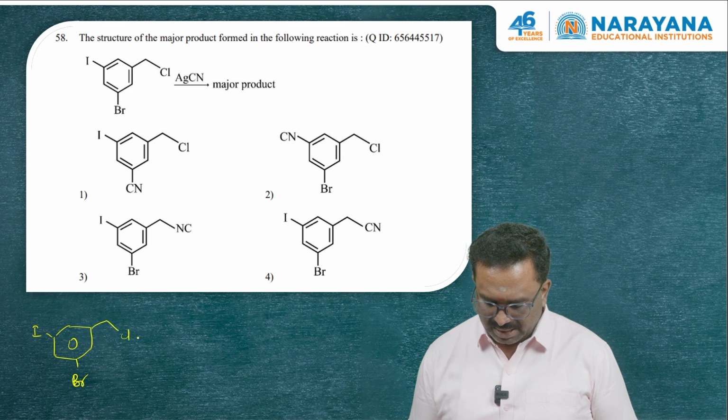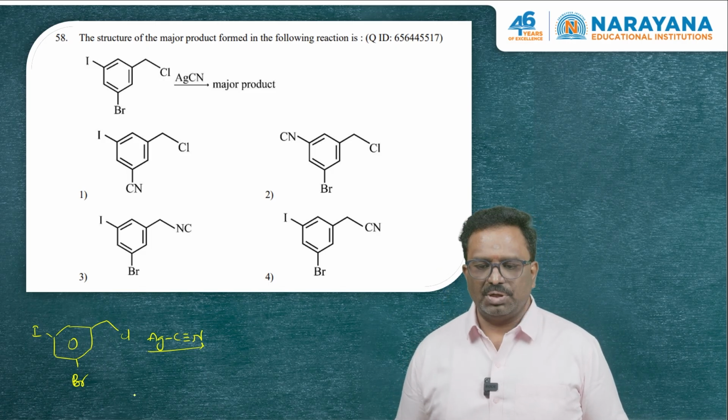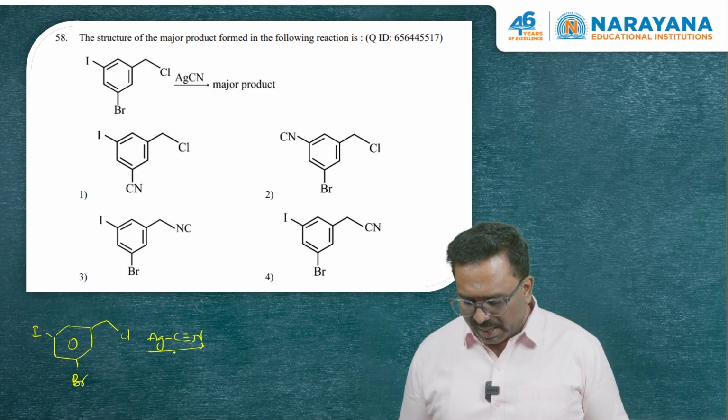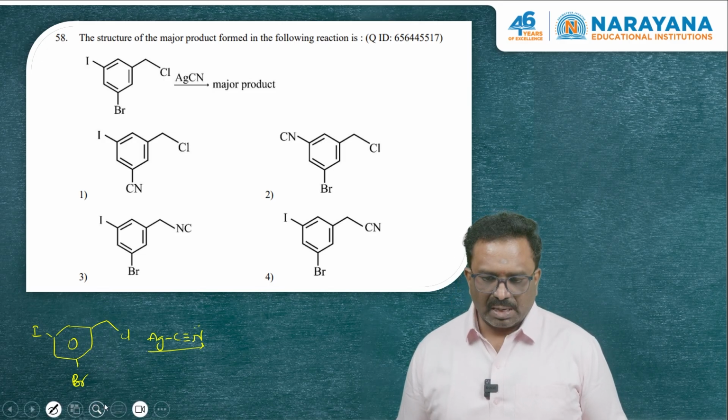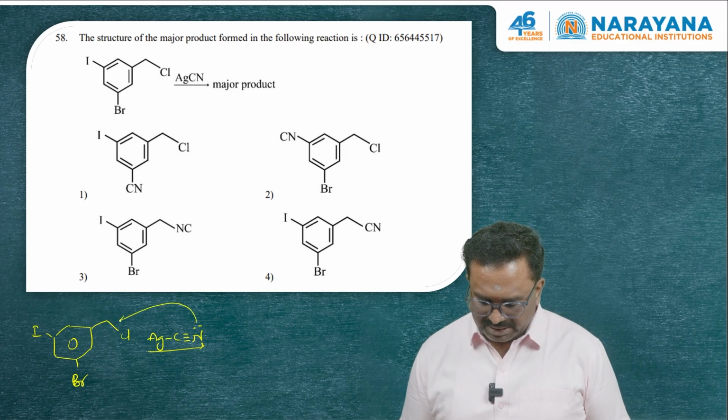We can see here AgCN. Now, which atom in this acts as a nucleophile? Silver and carbon, more covalent property is present. Only the nitrogen lone pair can proceed as a nucleophile.